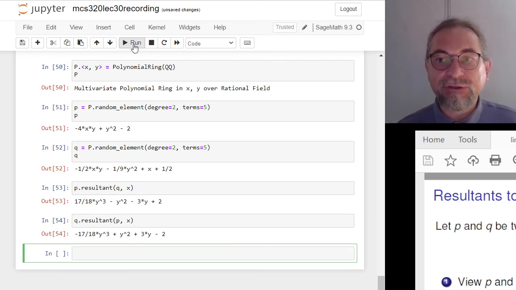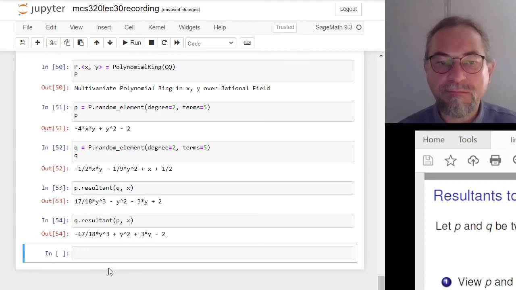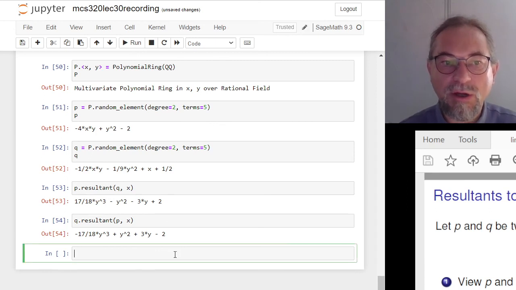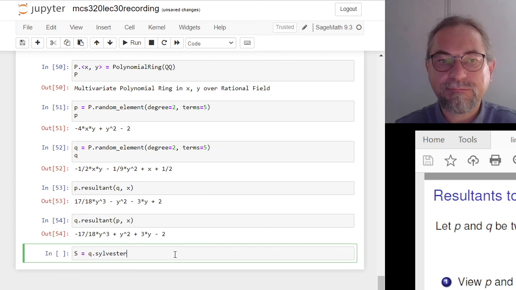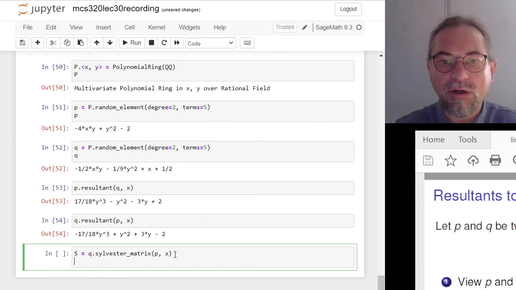Okay, what's the connection now with matrices? That's the last thing that I would like to show. One can define the Sylvester matrix. The Sylvester matrix is a matrix that will define the resultant, essentially.